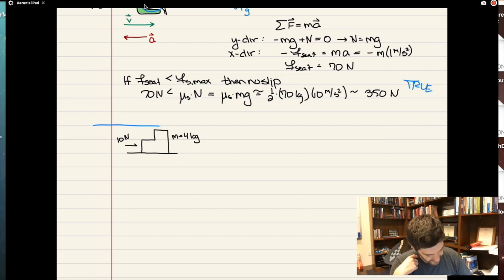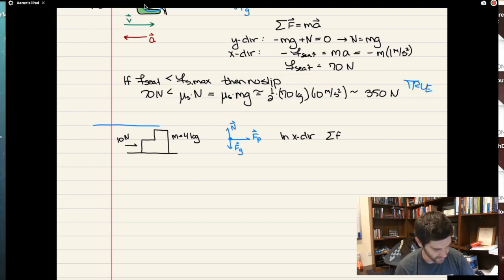Let's ignore friction. What is the resulting acceleration on this Tetris block? Well, the free body diagram is quite simple. There's your force, your push. There's, of course, their weight and the contact force, which aren't going to actually matter for this problem if we stick with the horizontal. So in the x direction, the sum of the forces on the block equals the mass of the block times the acceleration of the block.